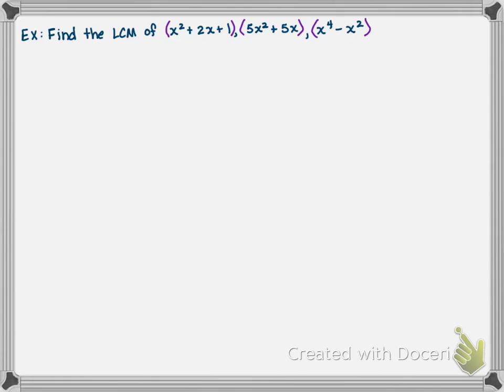So we're going to factor each one of those as a whole polynomial, and then we'll build our LCM from that. So we have x squared plus 2x plus 1, and that factors as x plus 1 times x plus 1.